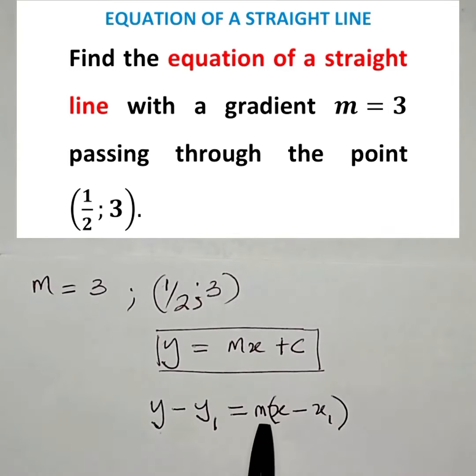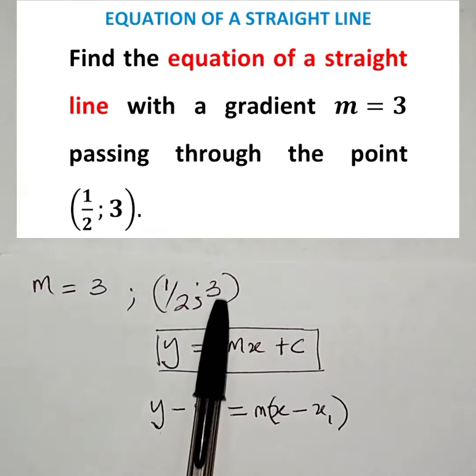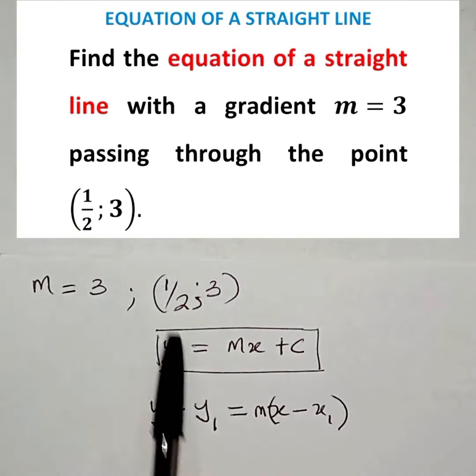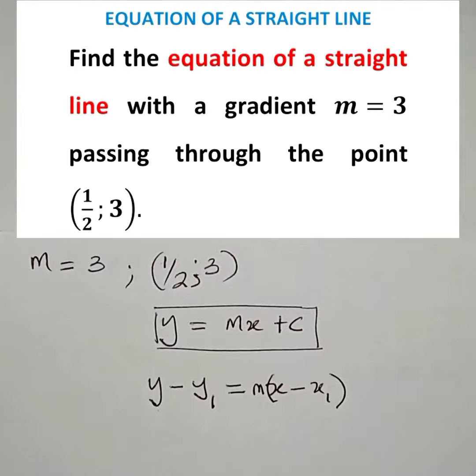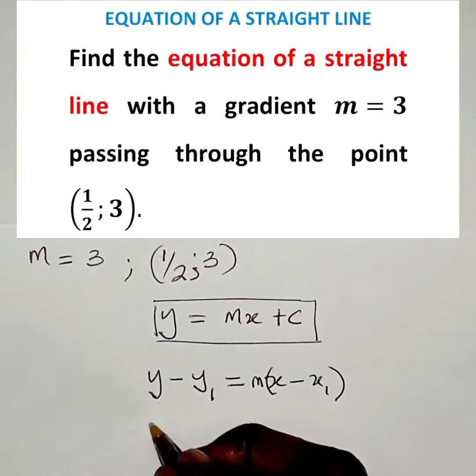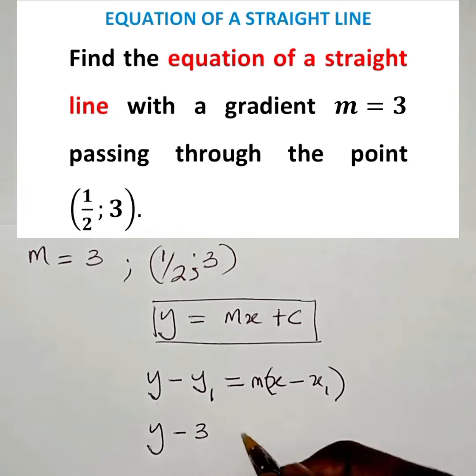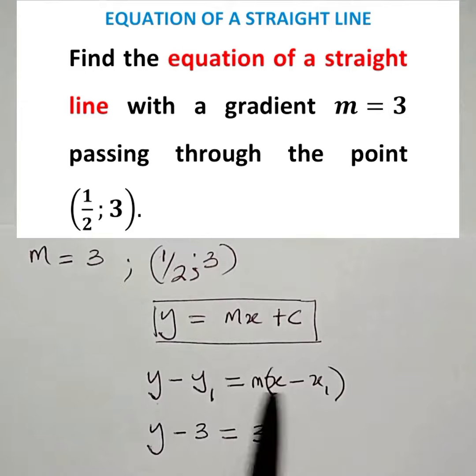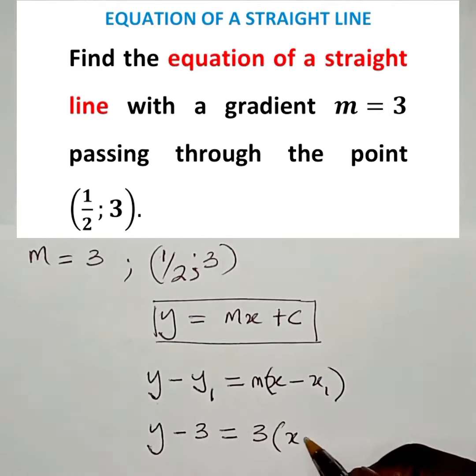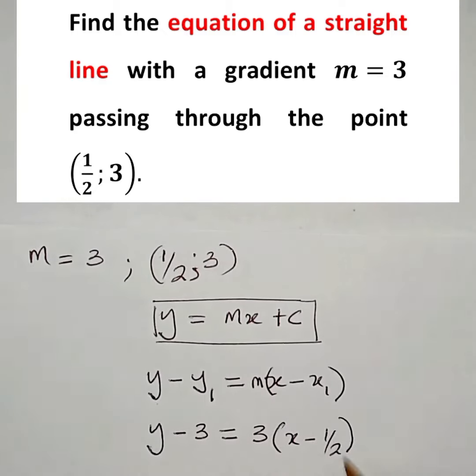Now we've got our gradient, which is 3, and we'll take our y1 to be 3, our x1 to be 1/2. So now let's substitute those into that equation. We are going to have y minus 3 is equal to 3, 3 is for the gradient. All right. Then x minus 1/2.